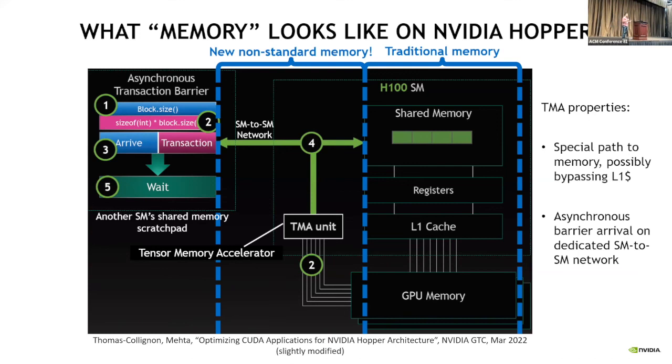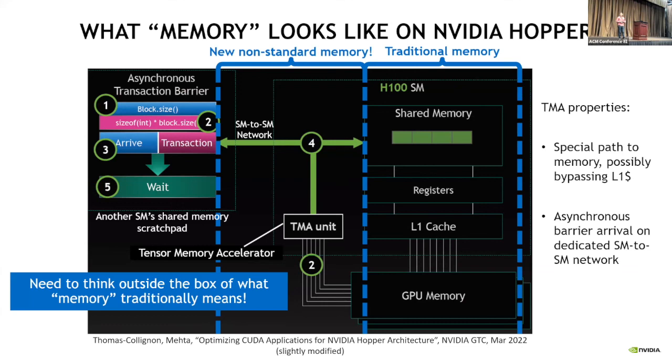So there's a lot of new stuff going on that is exactly the type of thing we want to understand when we put this into our programming model, because we want people to be able to use tensor cores today. We want people to be able to use those same tensor cores and tensor memory accelerators in future generations without breaking backwards compatibility, right? So we have to think outside the box of what memory traditionally means. We have to think of all of these things that are interacting with memory as also being part of the memory subsystem of the GPU now.